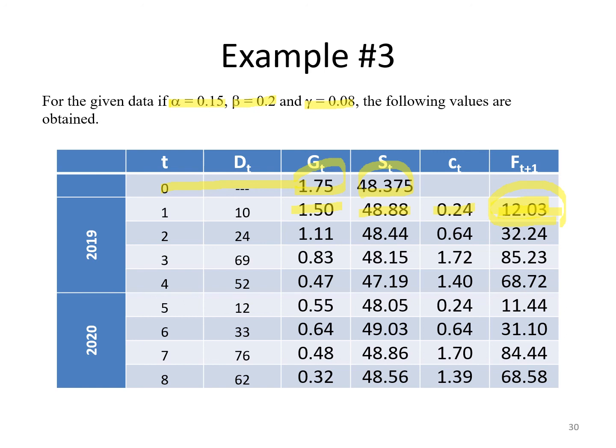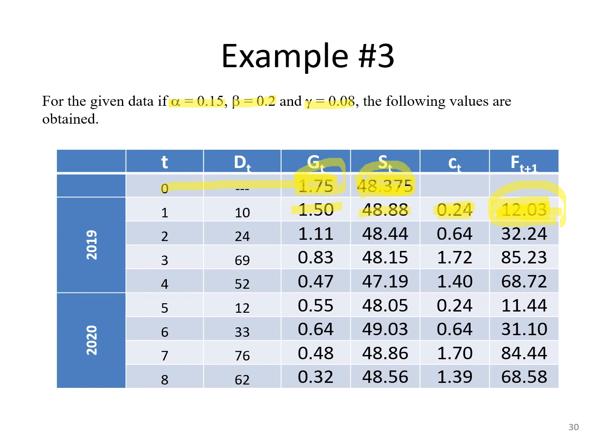How did we come up with this number? Well, it's simply the summation of this number, which is 1.75, plus 48.375, times 0.24. This will give you 12.04. So this is the forecast based on the initial values for the slope and intercept, and of course the seasonality factor.